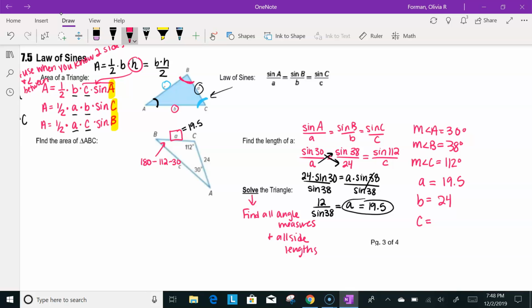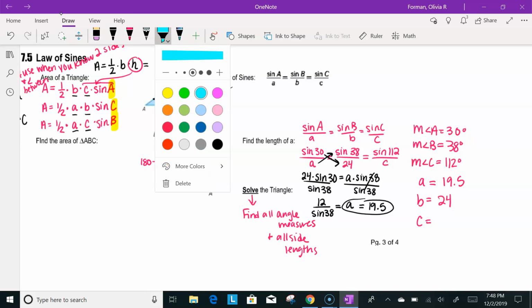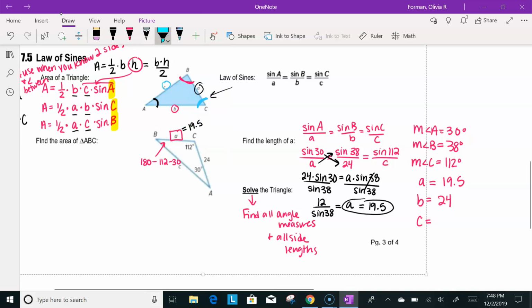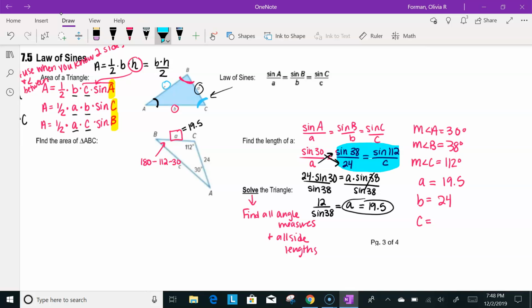And to do that, if you go back and look at right here, we can use these two in the proportion to solve for that C value. So for that one, I'm just going to write over here, sine of 38 divided by 24 equals sine of 112 divided by C. I do my cross multiplication.